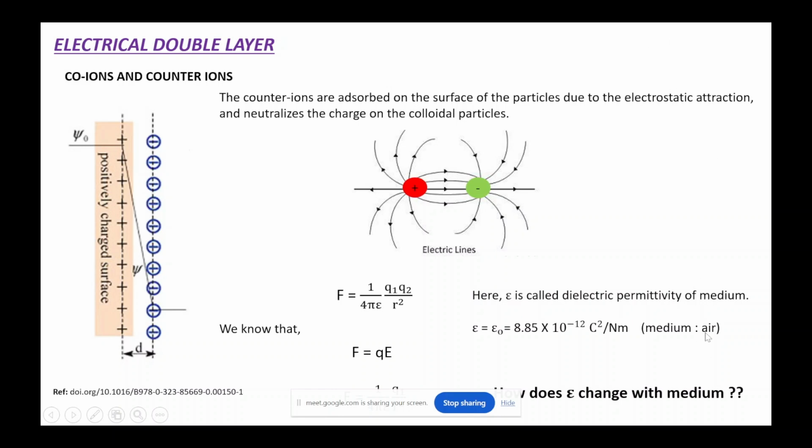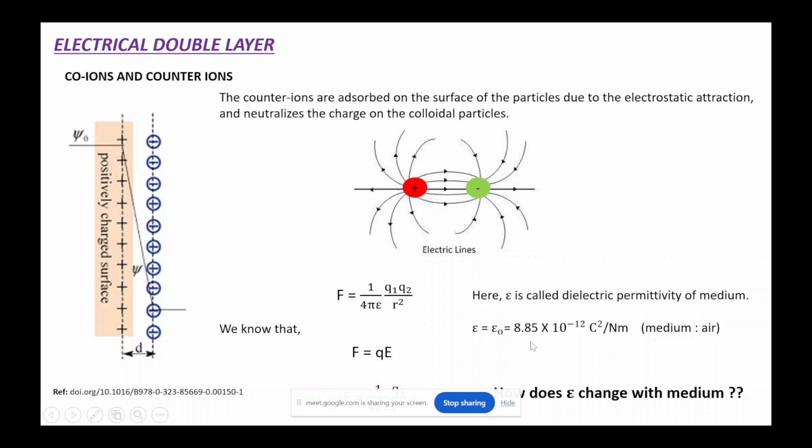In case the medium that you are taking is air, then it has a constant value of 8.85 into 10 power minus 12, and the units are coulomb square per Newton meter. So this is the value of epsilon, also called epsilon naught. So please remember this.